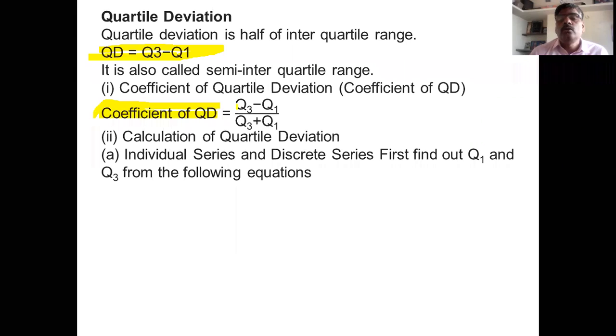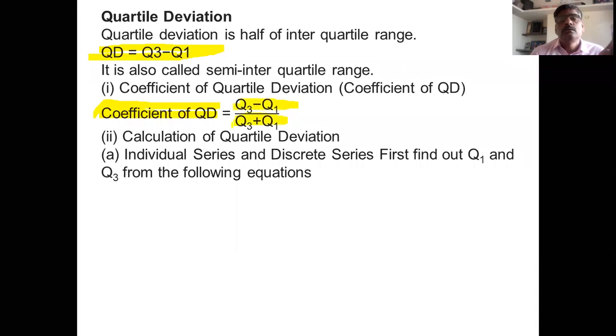You calculate Q3 and Q1; there is no need for Q2. Q3 minus Q1 divided by Q3 plus Q1 is the coefficient of quartile deviation. It is expressed as a pure number without units.